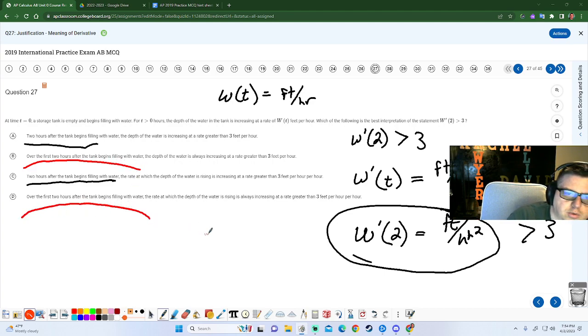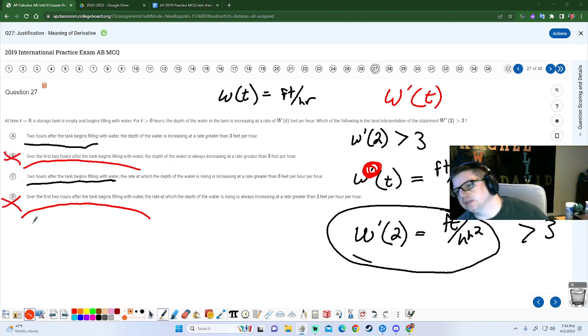This right here should be your indication of what to throw away right off the get-go. Because what is the first rule of derivatives? It's the slope of the tangent at that point. We don't care over 2 hours.